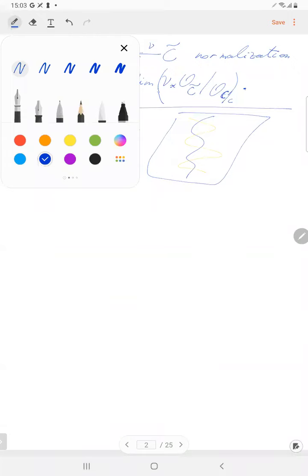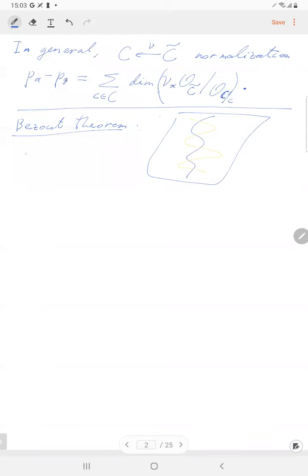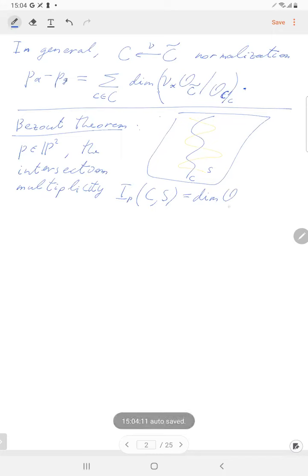So we need to introduce the intersection multiplicity at various points, and say for a point in the plane, the intersection multiplicity at this point of our curves, say this was C and this was S, is equal to the dimension of the structure sheaf of the ambient plane modulo the sum of two ideals, this curve and that curve.